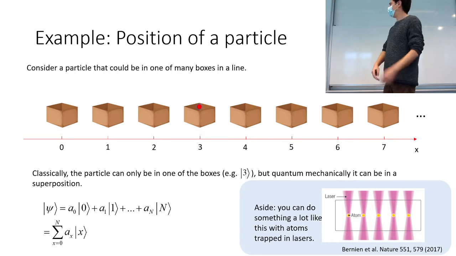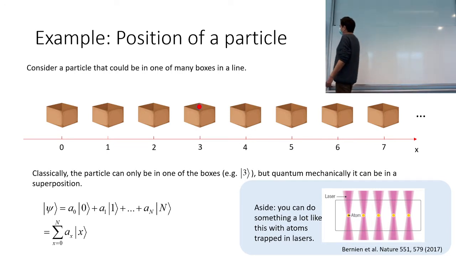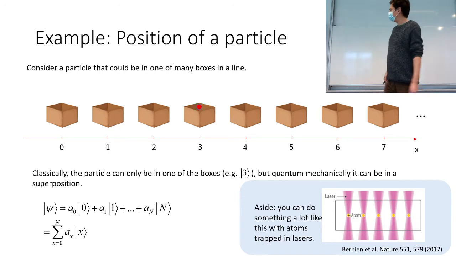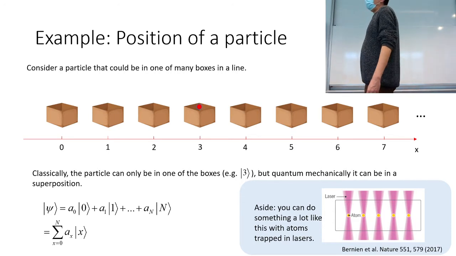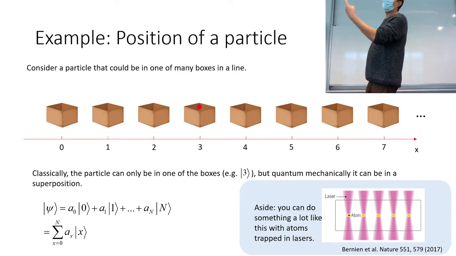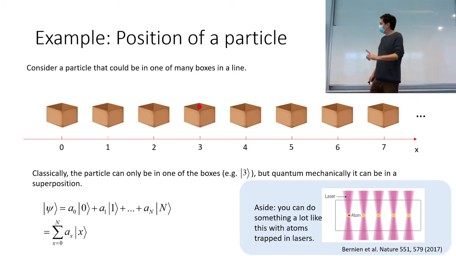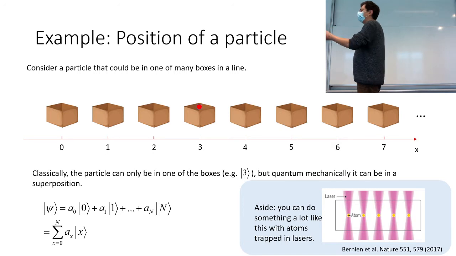So maybe they're 1 meter or 1 centimeter, it doesn't matter, some distance apart, and they're evenly spaced like that. Okay, and then firstly, there's only one particle, okay? So there's just one particle, and say that one particle could be in any one of those boxes, all right?